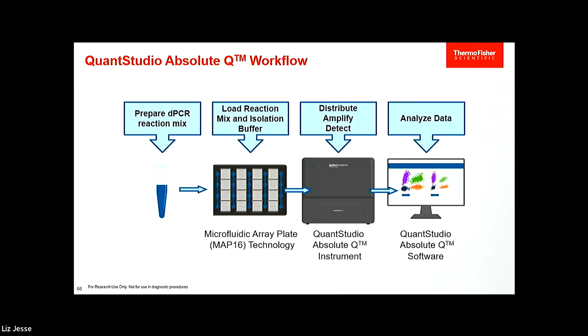If you have a higher abundancy, you'll load less and then fill that space with water. But the main reason we do that is so that you have that flexibility to add as much sample as you need to in order to be able to see your target of interest. Once the sample is loaded into the array, you're going to put it right into the instrument where we apply that air pressure that pushes the sample into the wells.